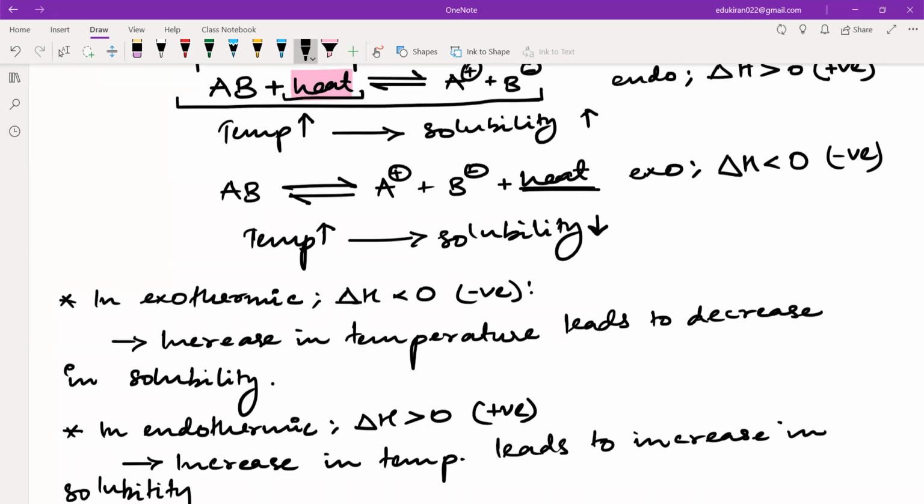Can you please write this down? Raise your hand when you are done. After this, we will look at the solubility of gas and liquid. Please raise your hand when you are done.